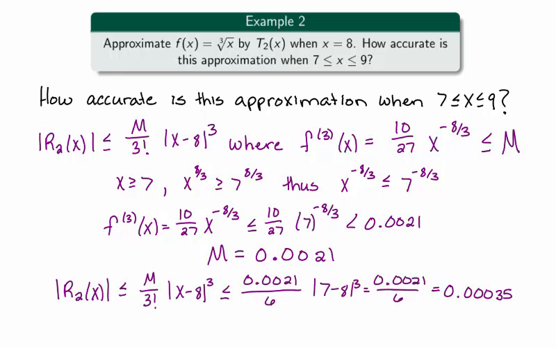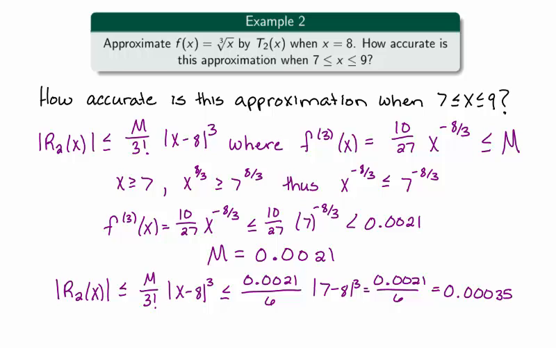So if we choose M equal to 0.0021, we get that the absolute value of R2(x) is less than or equal to M divided by 3 factorial times the absolute value of (x minus 8) to the third, which equals 0.0021 divided by 6 times the absolute value of (x minus 8) to the third, which is less than or equal to 0.0021 divided by 6 times the absolute value of (7 minus 8) to the third, which equals 0.0021 divided by 6, which equals 0.00035.